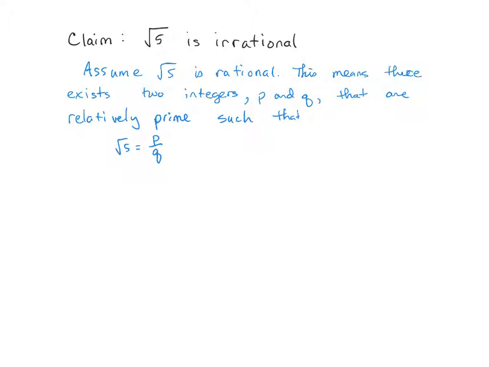Okay, so that's our assumption, that if square root of 5 is rational, then there's two integers that we can divide and we will get the square root of 5.